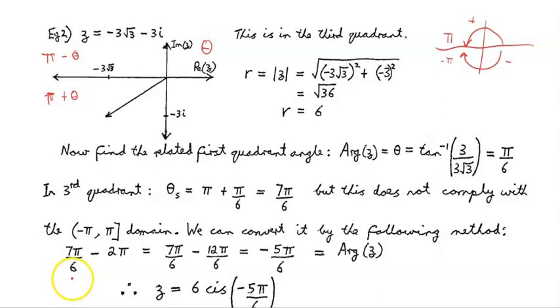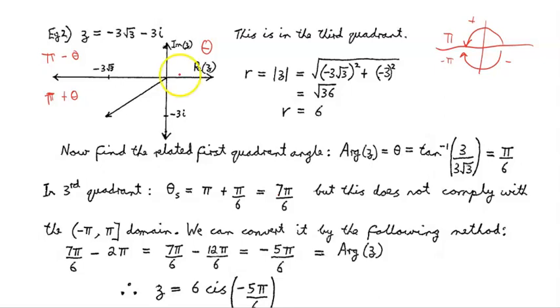7 pi on 6, if we subtract 2 pi, will give us minus 5 pi on 6. Now if I had 5 pi on 6 plus 7 pi on 6 and add them together, I'll get 12 pi on 6, which is 2 pi. That's a complete circle. So if I'm going 7 pi on 6, then I'm going over pi. If I take away 5 pi on 6, that's the same point.